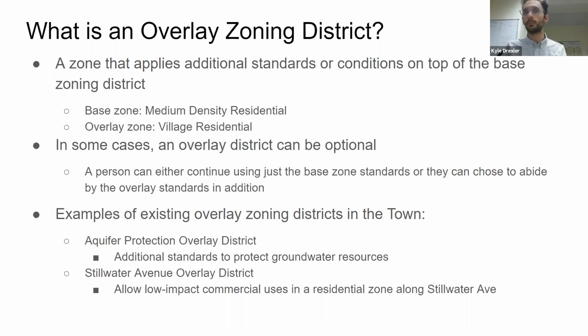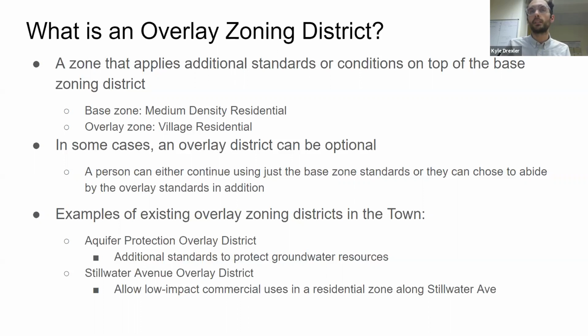It just provides some additional standards and review criteria for properties in that area to protect groundwater resources. Another example would be the Stillwater Avenue overlay district, and that one is an optional district.